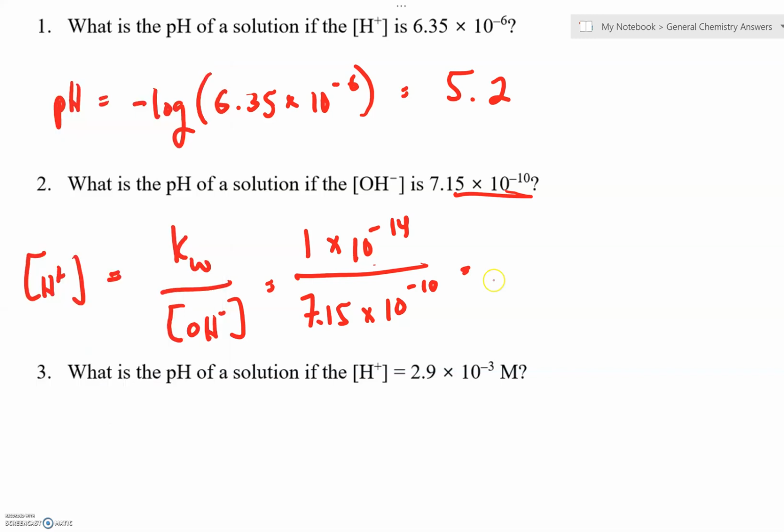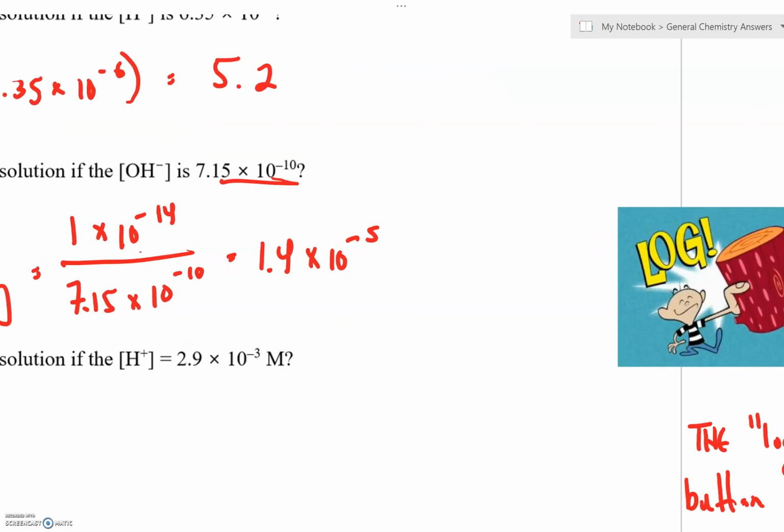I'm going to round that up to 1.4 times 10 to the negative 5th. We'll plug that right into our equation, where pH is equal to negative log, in this case, of 1.4 times 10 to the negative 5th.